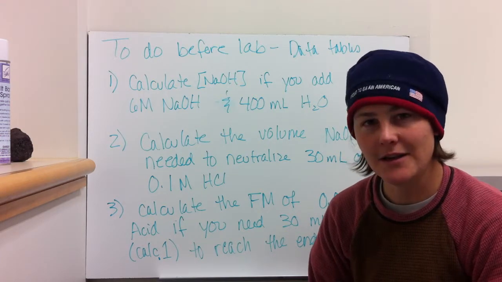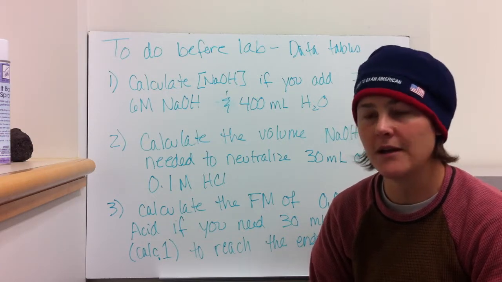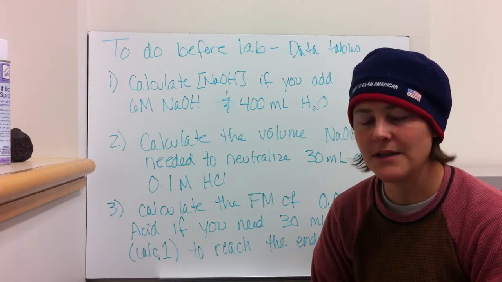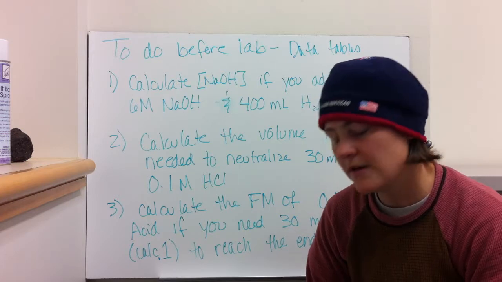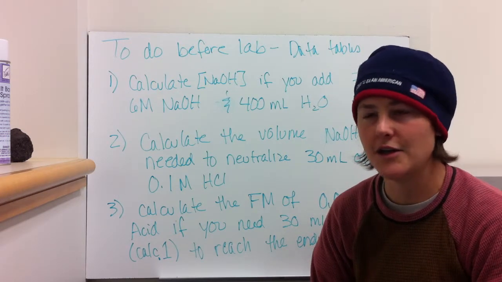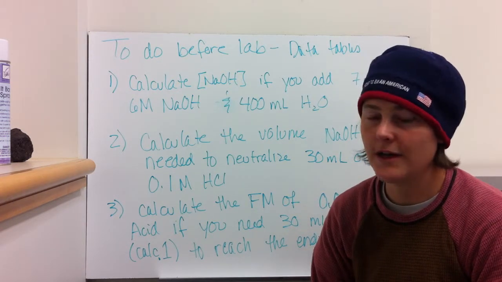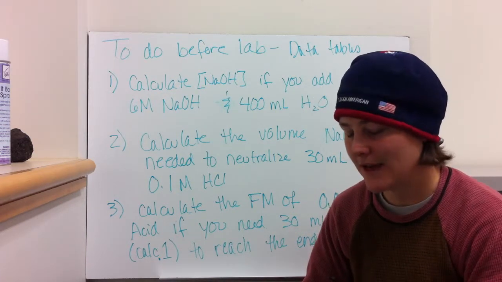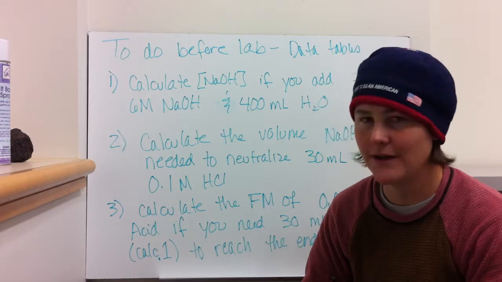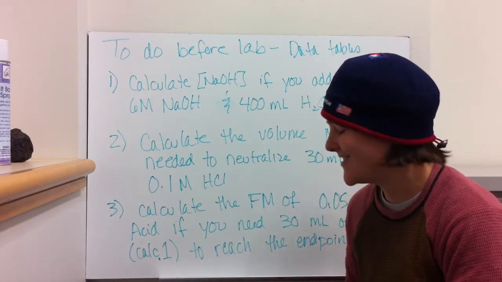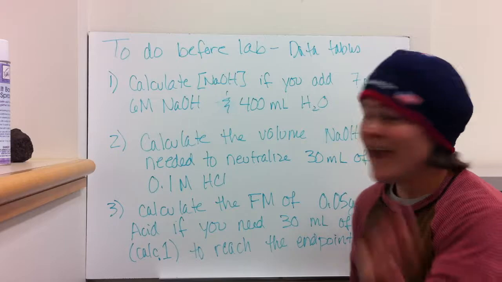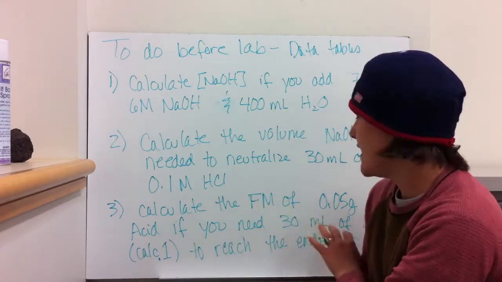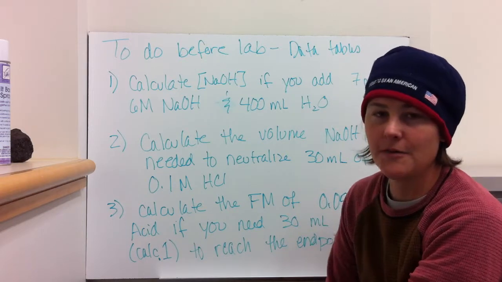My postdoc advisor said, I think there's something hinky with that procedure. So I went ahead and I was trying to be real cautious, and I overshot the endpoint. It was a really specific endpoint, and it was really easy to overshoot. So I ended up doing a ton of those titrations, trying to get my experiments to be right. Anyways, regardless, you want to know if you're going to have to add 30 mils, 300 mils, whatever.